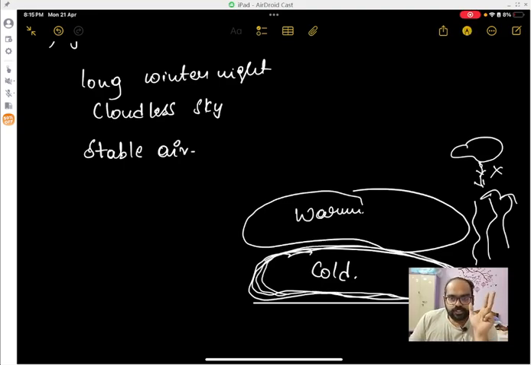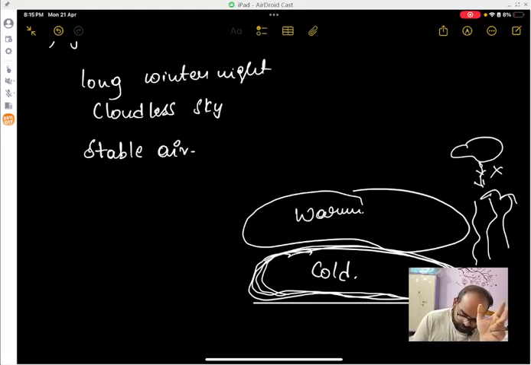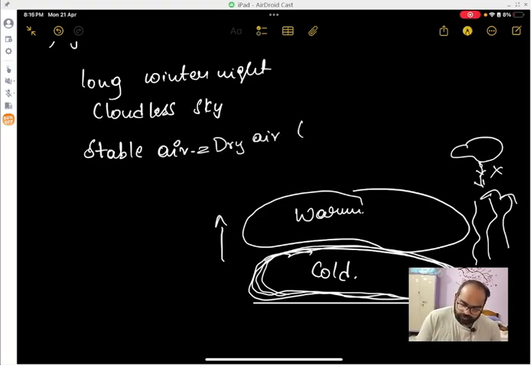Third one, stable air. Stable air means dry air, with no moisture in the air.